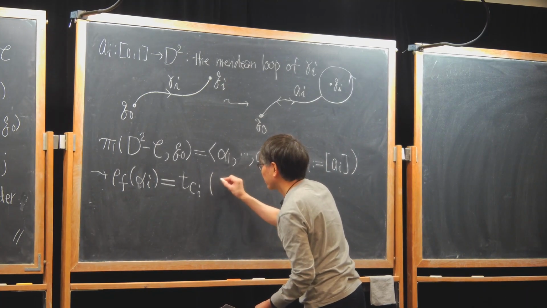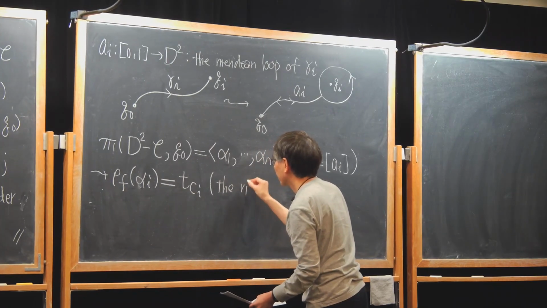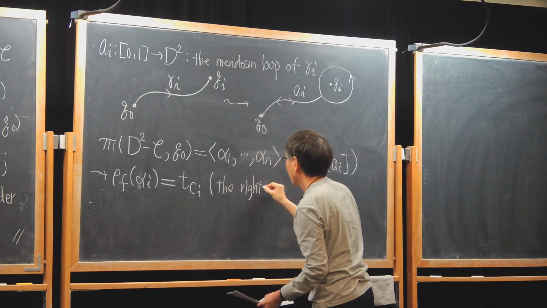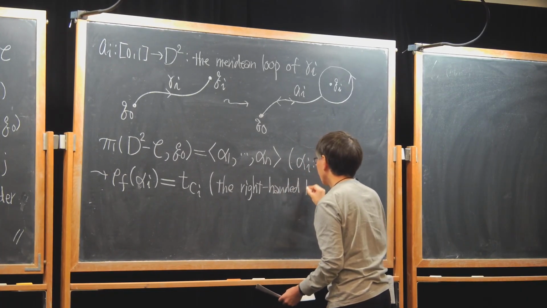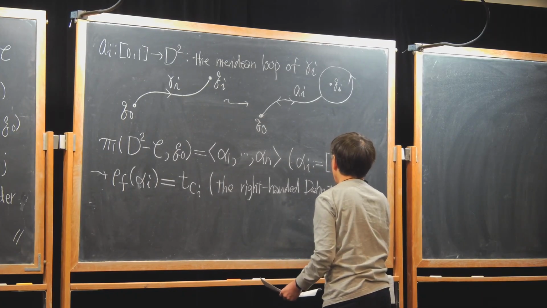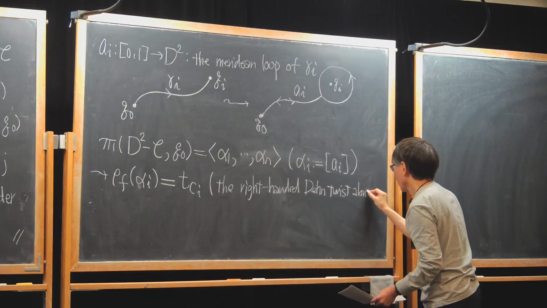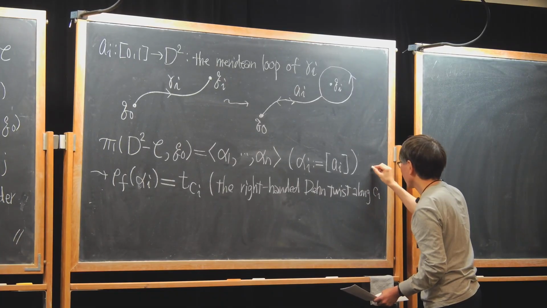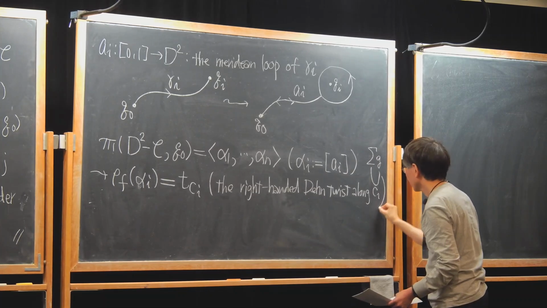So this is the right-handed Dehn twist along c_i. So c_i is a simple closed curve on sigma g.